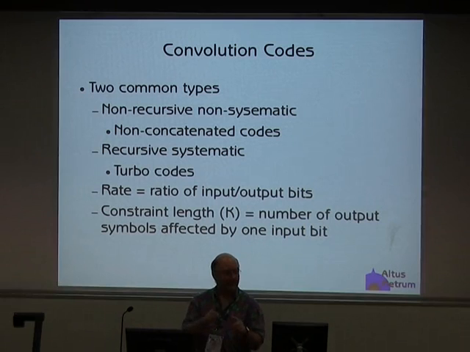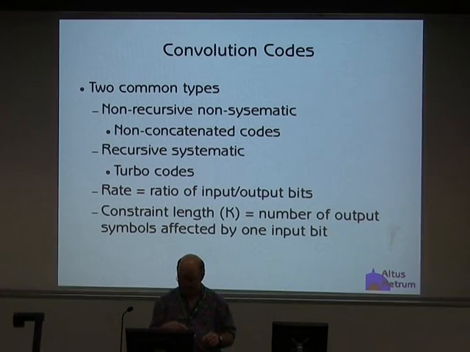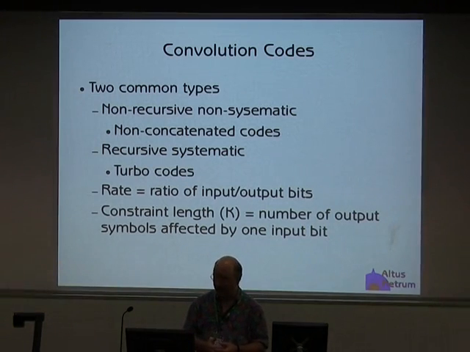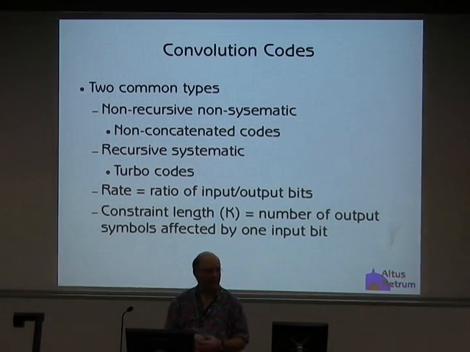Recursive means that you take the output from some stage of the convolution, feed it back, and provide a little feedback within the encoder. I have some more pictures here to show how convolution works. There are two relevant terms for convolution codes. The rate is the ratio of the input to the output bits. Almost all the convolution codes anybody uses these days take one input bit and generate n output bits, so we talk about 1 over n convolution coding.